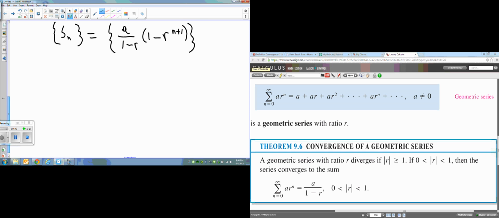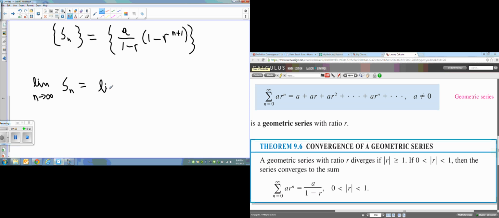So let's go ahead and take the limit here. We want to see if this converges. The limit as n approaches infinity of the terms of this sequence of partial sums, Sn, is going to equal the limit of this thing as n approaches infinity, which is a divided by 1 minus r multiplied by 1 minus r to the n plus 1 power.